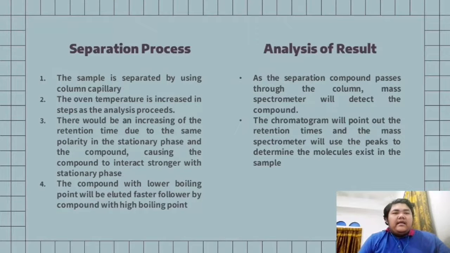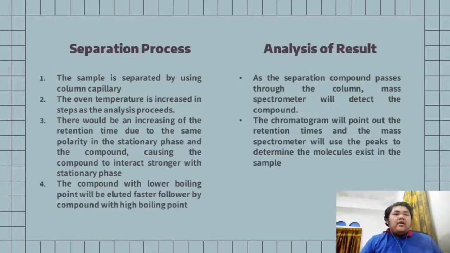Then the other procedure is the separation process. The sample is separated by using the capillary column. The oven temperature is increased in steps as the analysis proceeds. There will be an increase in retention time due to the same polarity in the stationary phase and the compound, causing the compound to interact stronger with the stationary phase.